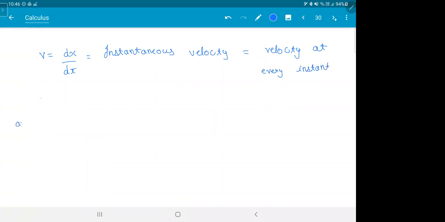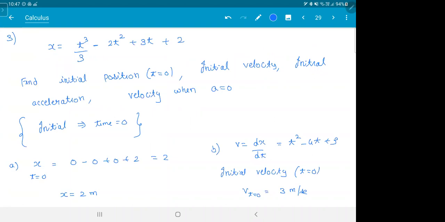What is average speed or average velocity? This is different. Average velocity is total displacement divided by time. So this gives you as if you are traveling at a constant speed. Are you clear? So if you use x by time, you get average. If you do dx by dt, you get instantaneous.